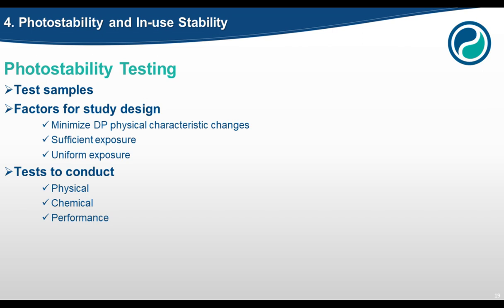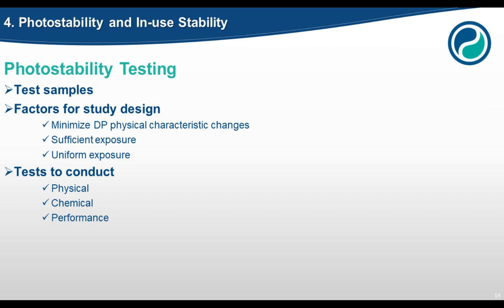The directly exposed sample, that's the naked drug product in quartz containers. Primary pack, that's your sample in primary packaging configuration. Marketing pack, that's the samples in primary and secondary packaging configuration. And the dark control, that's the naked drug product in quartz container wrapped up with aluminum foil.